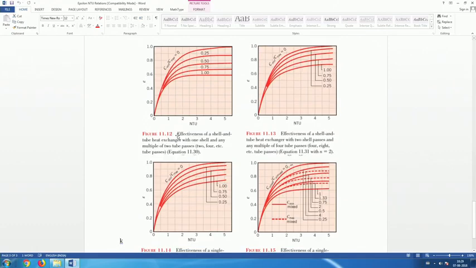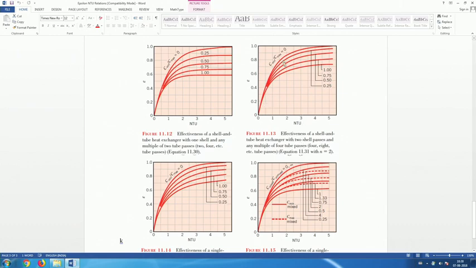And this is for shell and tube heat exchanger with one shell and any multiple of 2 tube passes, that is 2, 4, 6, etc. Again, this is the value for CR equals 0 and this is the value for CR equals 1. The values of epsilon are plotted against NTU, and you also have the shell and tube heat exchanger with 2 shell passes and any multiple of 4 tube passes.